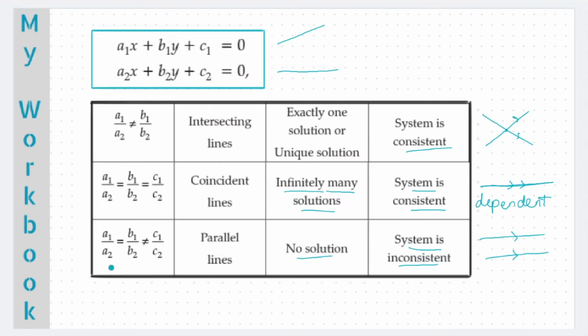And the ratio a1 by a2 is equal to b1 by b2, which is not equal to c1 by c2. This is the relation between the coefficients and the constants when the system is inconsistent, that is, when the lines are parallel to each other. So many multiple choice questions can possibly be asked based on these concepts. We shall also practice a few of them.